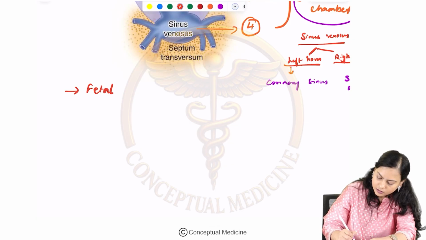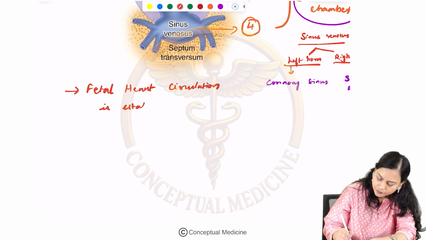Fetal heart circulation is established on day 21.